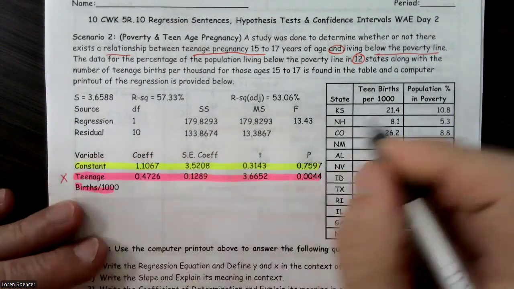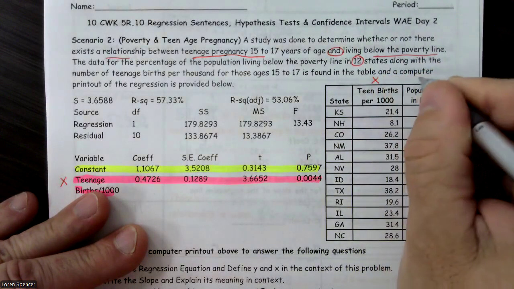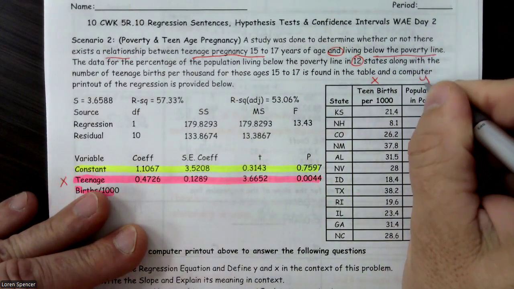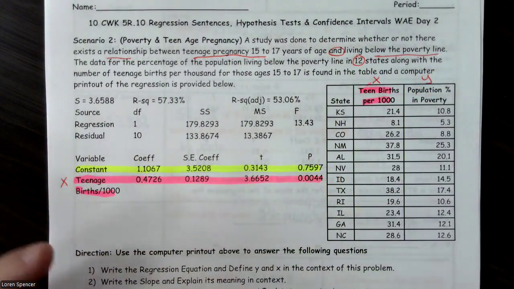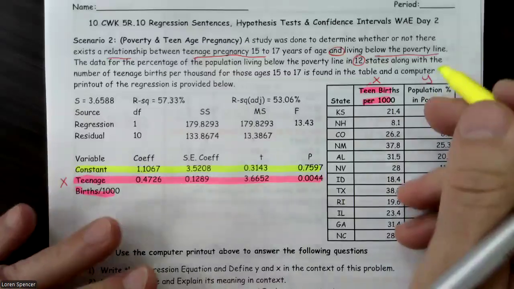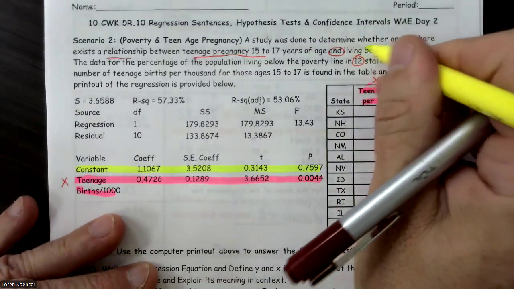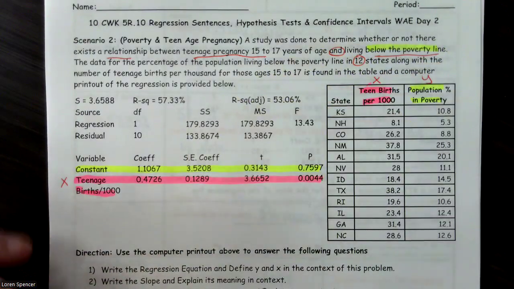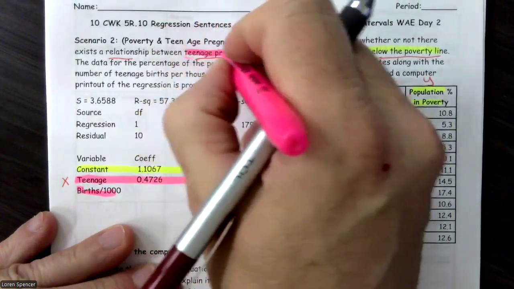So at this point, this is my x, and this over here is my y. So teenage births is x, and the population living in poverty is my y, and below the poverty, there's y, and then teenage pregnancy over here is our x.